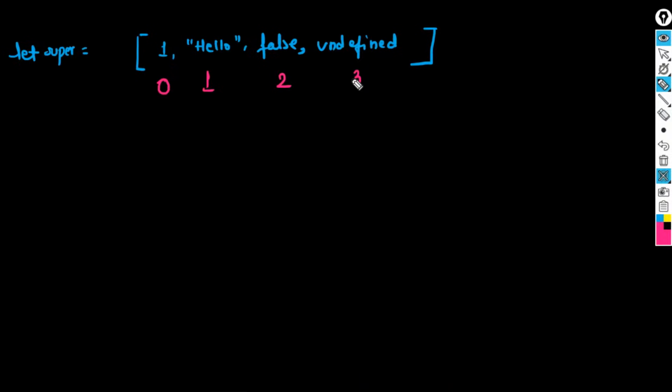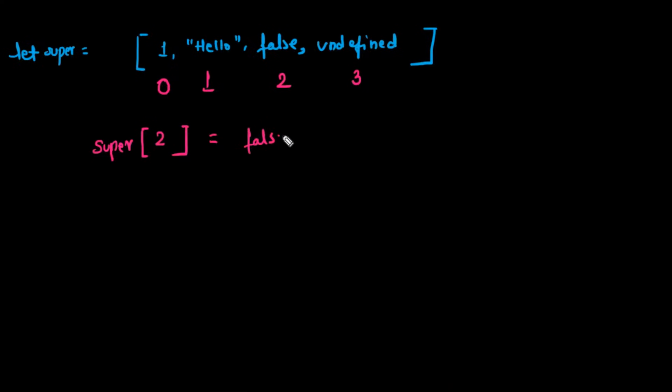If you want to get only one value from an array, you write the name of the array, which is super, then a square bracket, and then the number of the value you want. Suppose you want false: you write super[2], and it represents false.